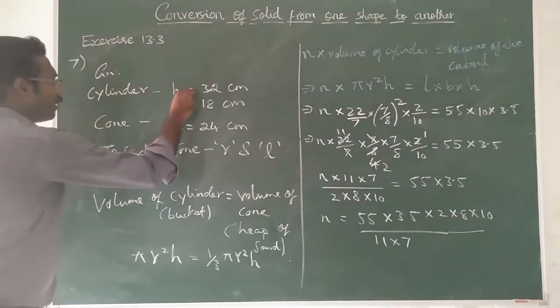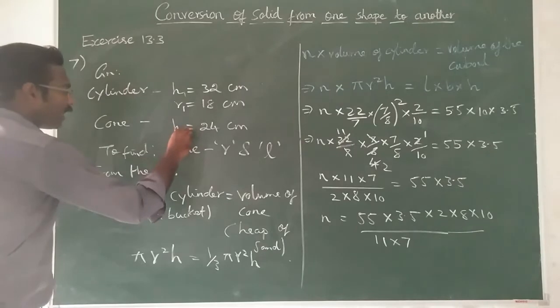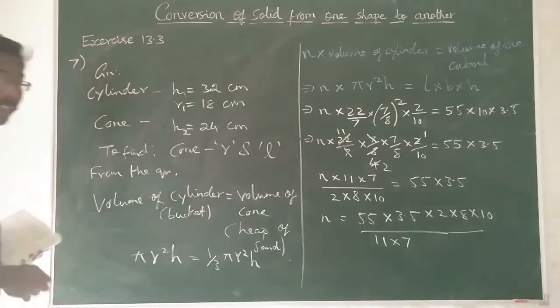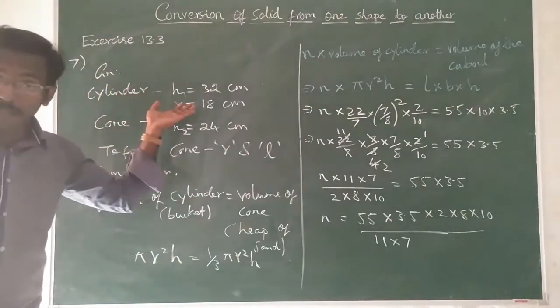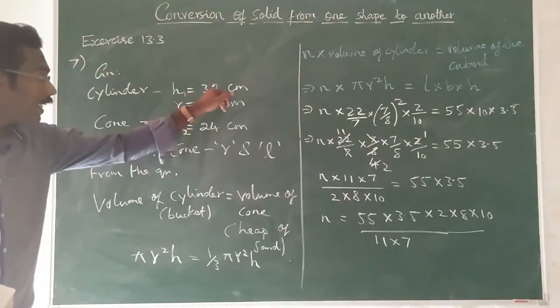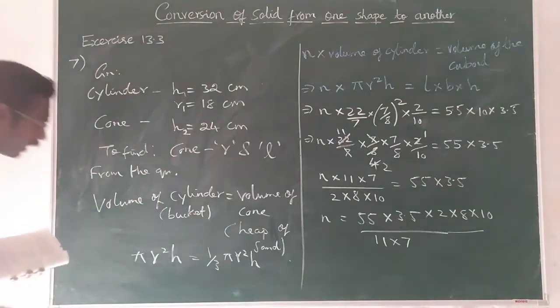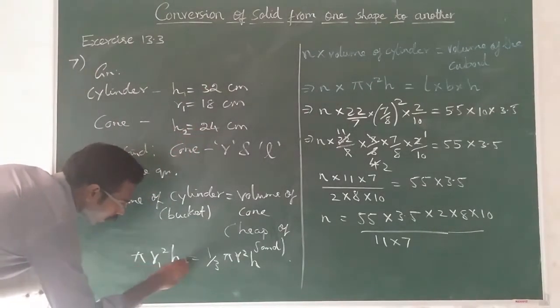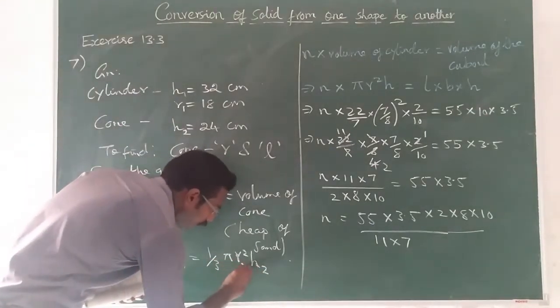So for the cylinder's radius and height we will take r1 and h1, and for the cone's height and radius we will take h2 and r2, because we can't say that both will be same. You see this height is 32 but this height is 24.